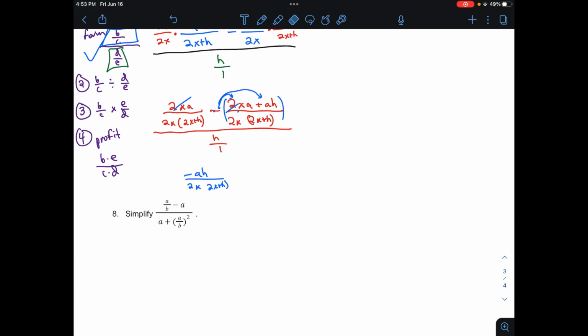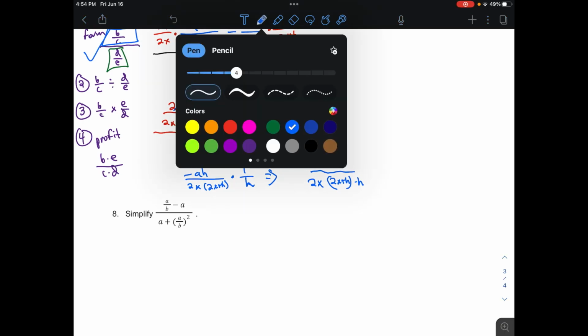So now that I've got two fractions being divided, I'm going to multiply by 1 over h. That's going to give me 1 times negative ah, which is still negative ah, all over 2x times 2x plus h times h. And look, we have a common factor in the numerator and denominator.